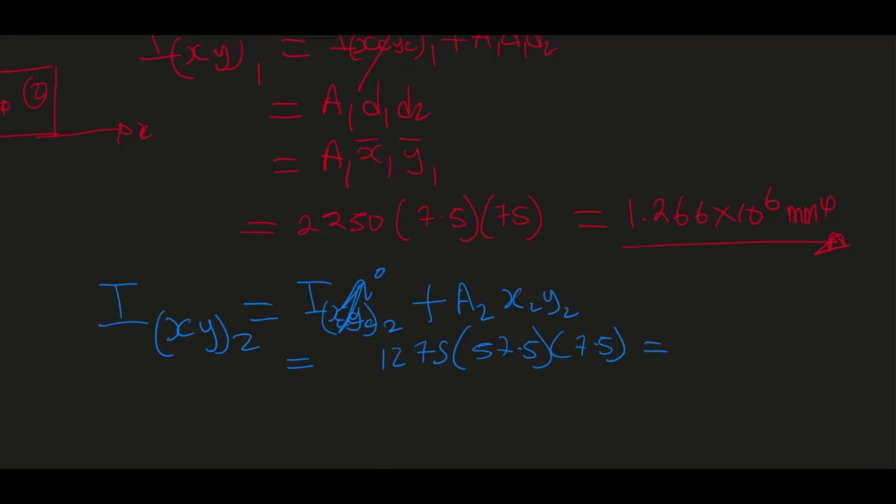So 1275 times 57.5 times 7.5. That gives me 549.8 times 10 to the power 3 millimeter to the 4th power.